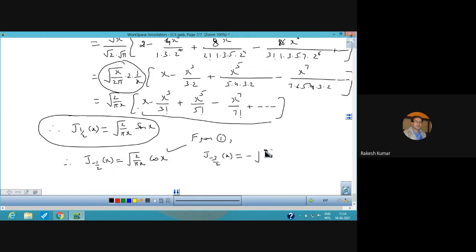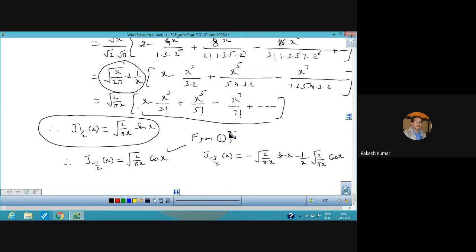The value is square root of 2 over pi x into sin x, and minus 1 by x into the value, square root of 2 over pi x into cos of x.